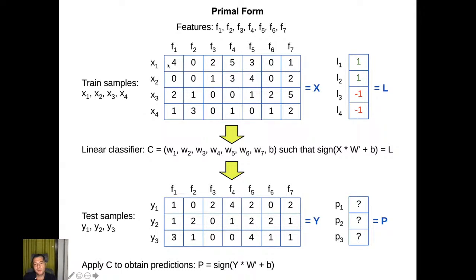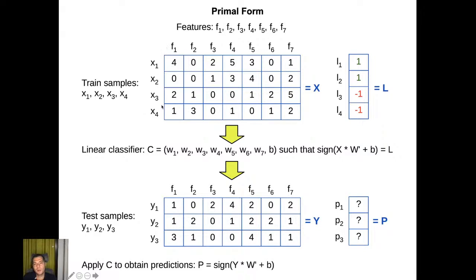The individual values, the features of these input data samples, are denoted by f1, f2, up to f7. So we have 4 data samples, and each data sample is represented by 7 features.